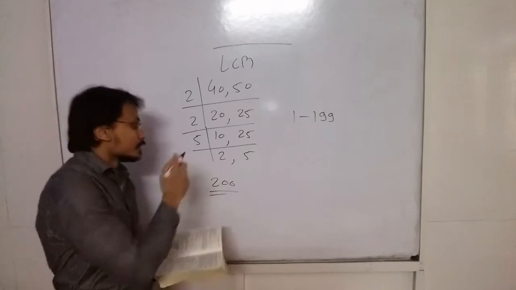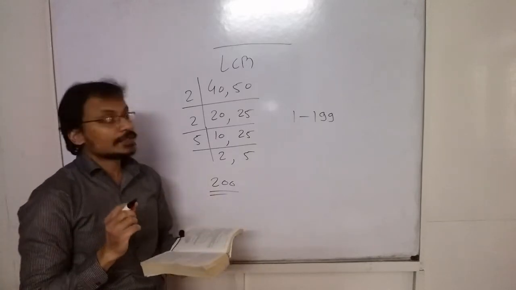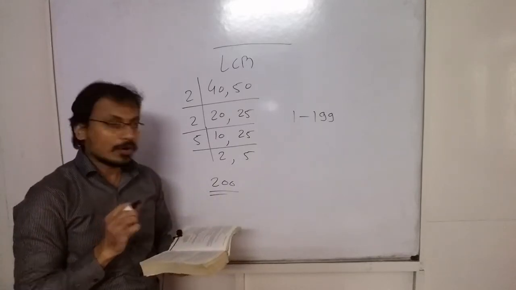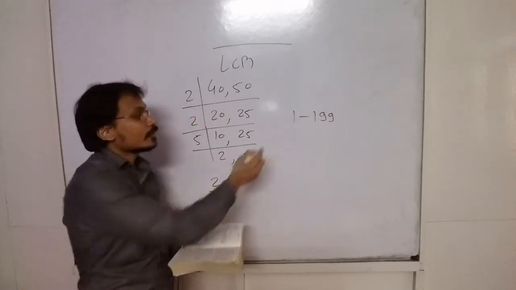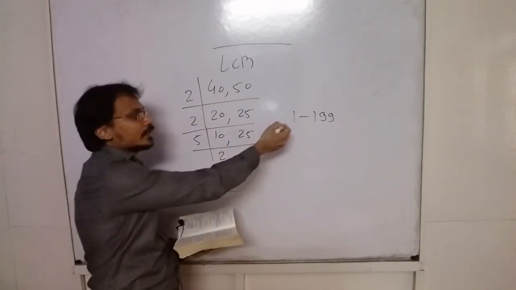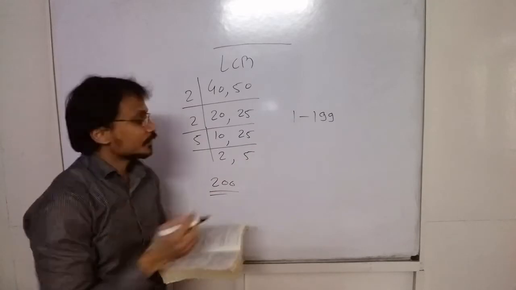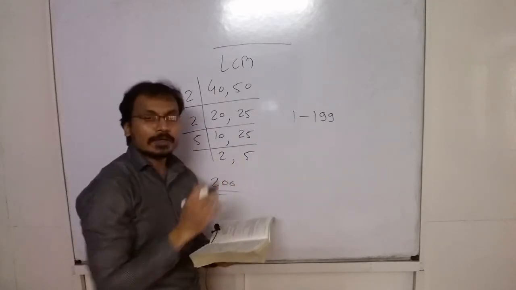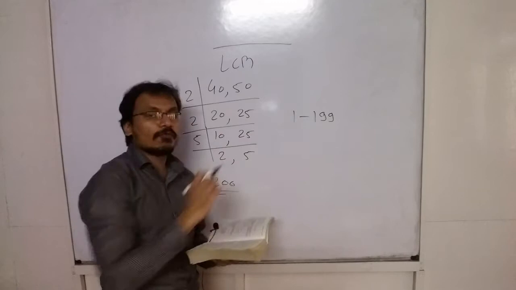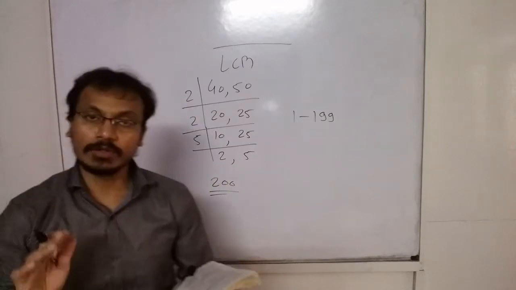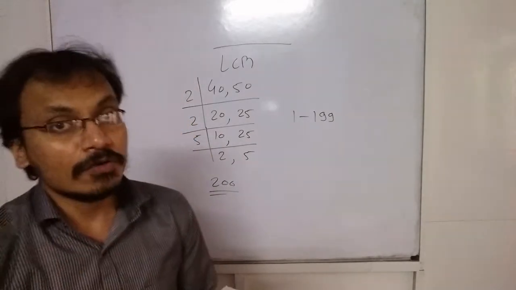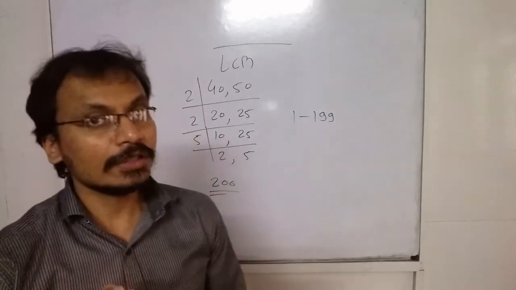But 200 is the lowest number which is exactly divisible by both given numbers. Whatever I am saying, you can verify by taking any number or multiple numbers from 1 to 199. You will not be able to find a single number which is divisible by both the given numbers.